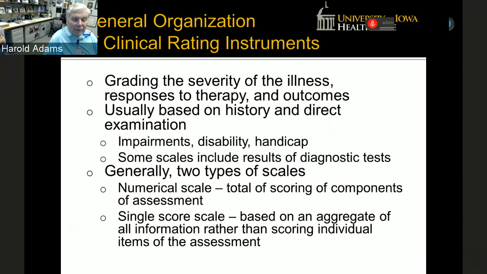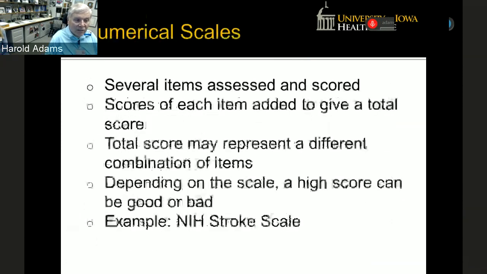Generally, there are two types of scales that you will see: numerical scales based on a total of scoring components of assessment, and a single score scale, which is based on an aggregate of all information rather than scoring individual items. I'm going to go over two of these scales that are widely used in stroke, because they are models of each of these.